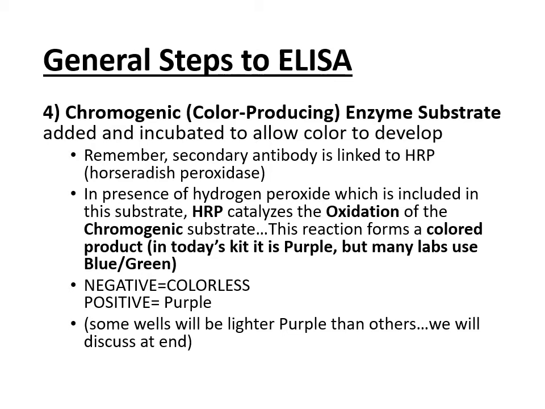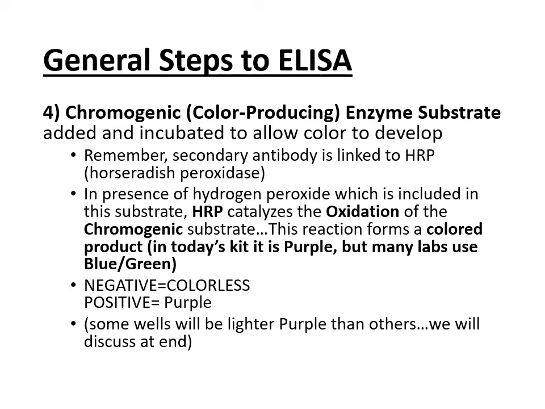Okay, so kind of like you've seen in some of the other experiments that we've performed this semester, like in transformation, when X-gal was broken down so that one of the products was blue. In today's kit, the final substrate will be broken down by HRP and produce a purple color. But when you look at pictures, let's say online or in various other labs, they use all different color detection.